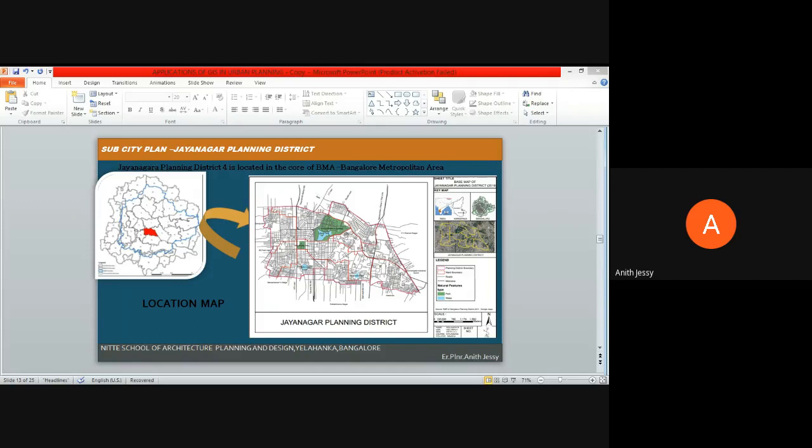The Bangalore Master Plan, which was prepared, had proposed about 9 sub-centers, of which we have chosen Jayanagar Planning District mainly because of certain parameters. The parameters would be the administrative boundaries, the population considerations, the physical features, and the natural and environmental features.